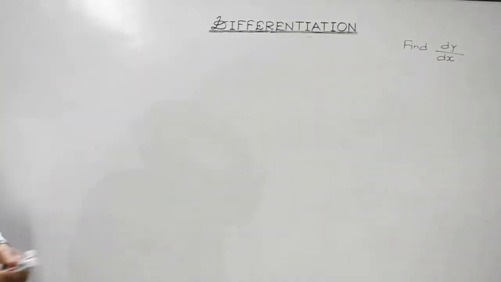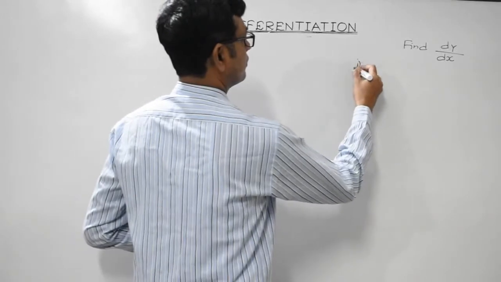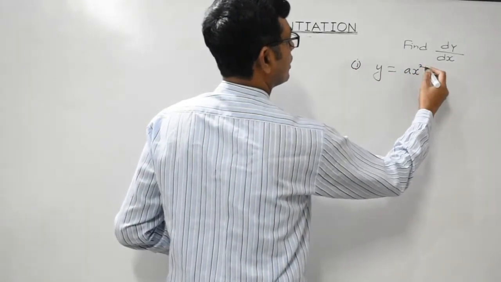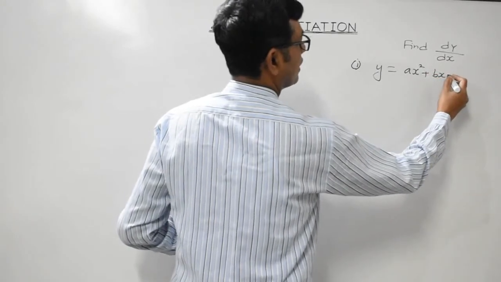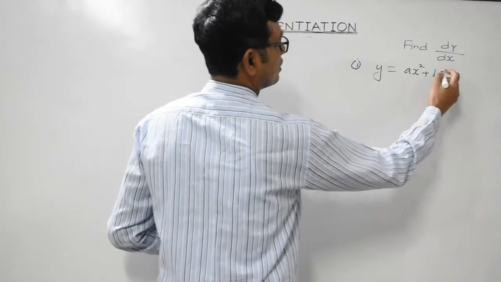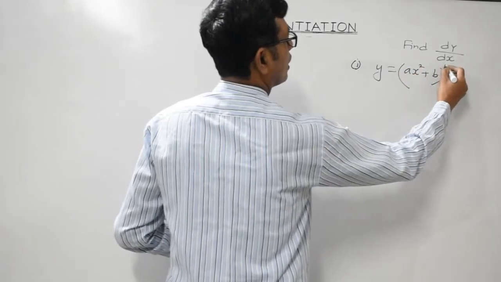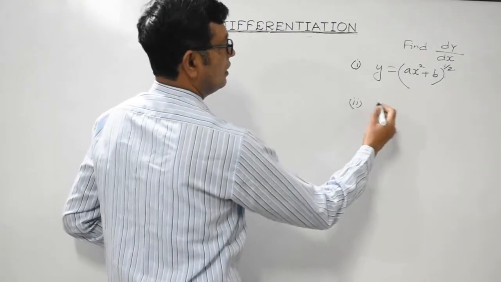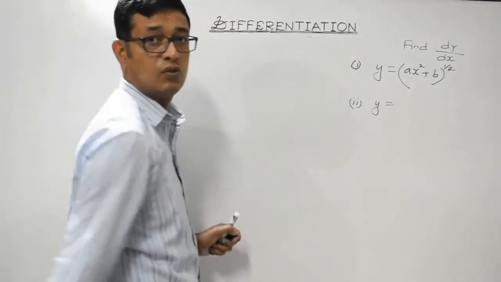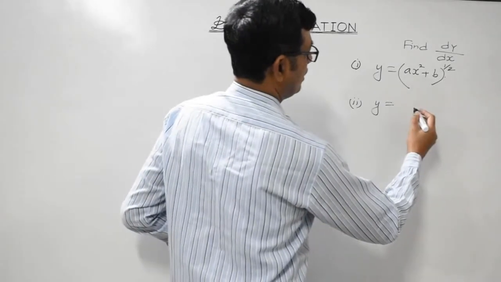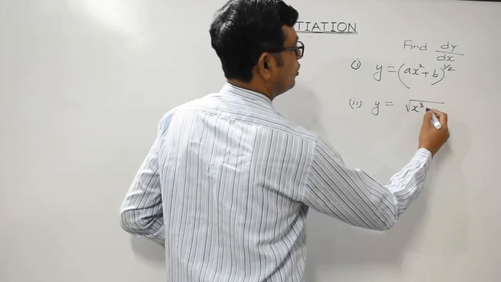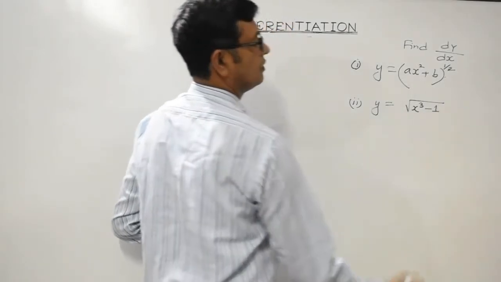Find dy by dx in these following cases. Y is equal to (ax square plus b) to the power half, let's consider some simple one. Second, let us consider y is equal to, let's say, square root of x cube minus 1.